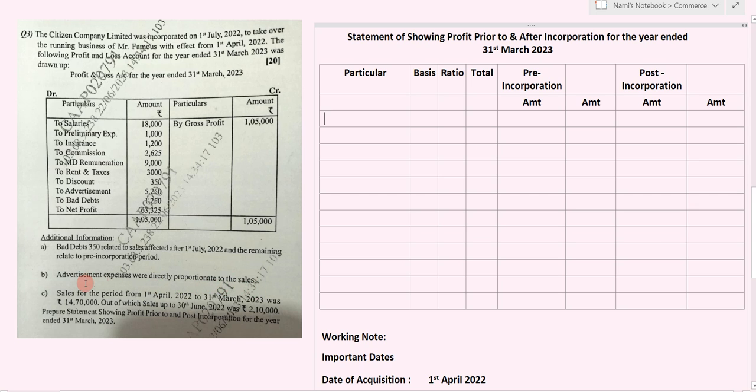Advertisement is 5250. We have to distribute it to pre-incorporation and post-incorporation on the basis of sales.